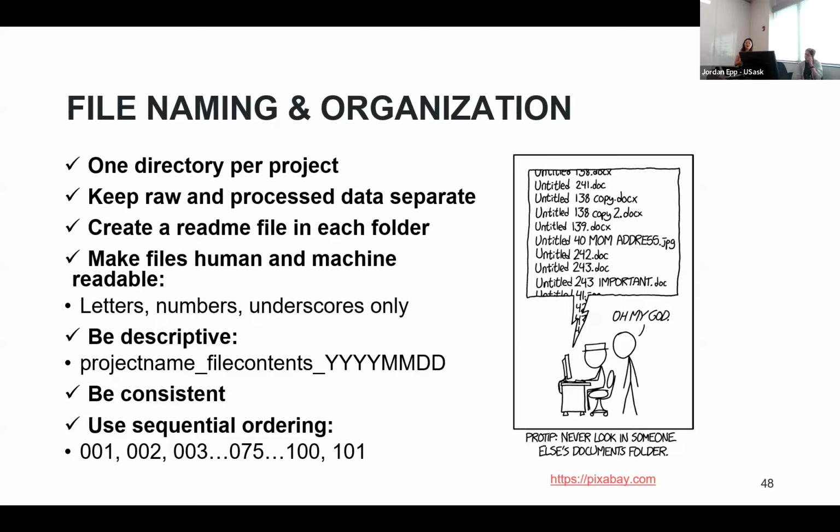So it's really important to think about having one directory per project, just one folder per project, so you're not mixing different projects. Keep raw and processed data separate, not in the same folder. Create a README file. A README file sits in each of those folders and explains how to save data.